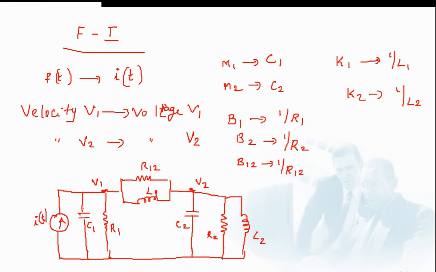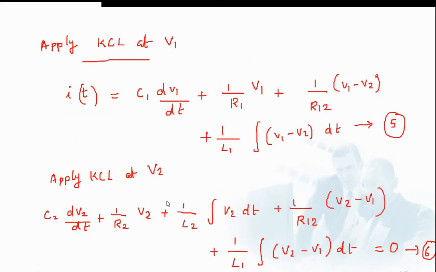You can find it by applying Laplace transform to this equation and changing it into matrix format. Then apply Cramer's rule. For simplicity, it is always easy to apply Cramer's rule. And then you will be able to find the transfer function.